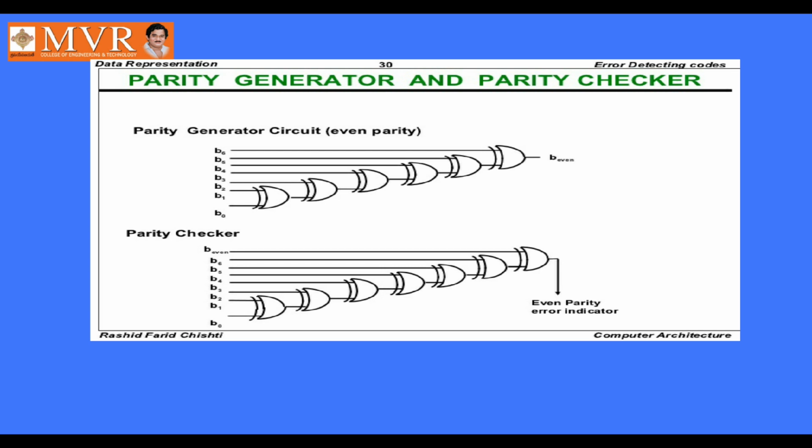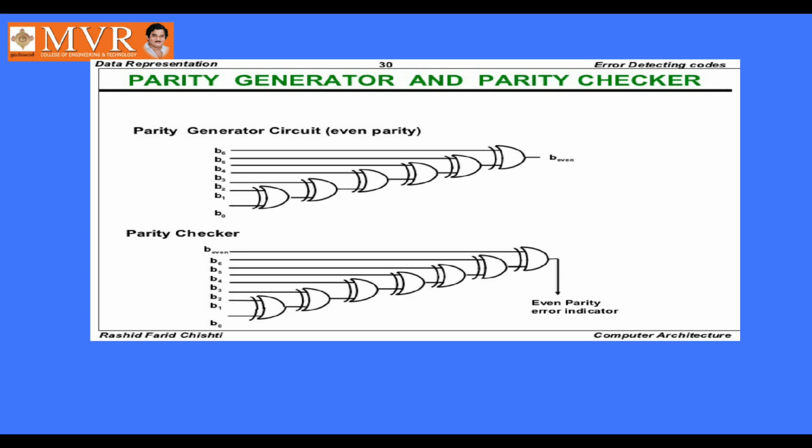The first XOR takes B0, B1, the second one B2, B3, the third one B4, B5, and like that. All the 7 bits are given as inputs to the XOR gates. At the end, even parity is generated.